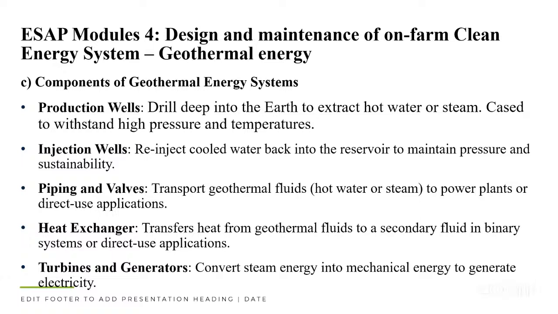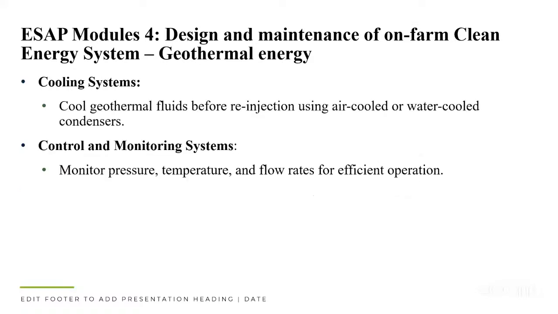As I said, you also need a heat exchanger, which assists you to transfer the heat from the steam to a secondary system, which will actually create the rotation necessary and provide the required energy through the turbines and generators attached to the system.